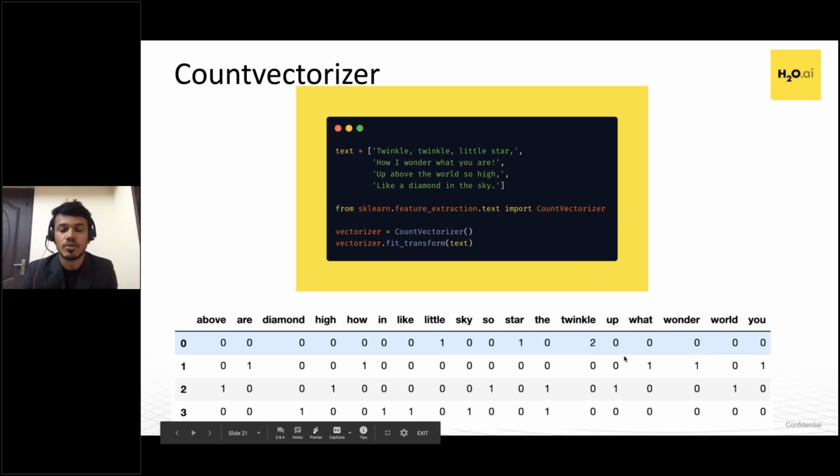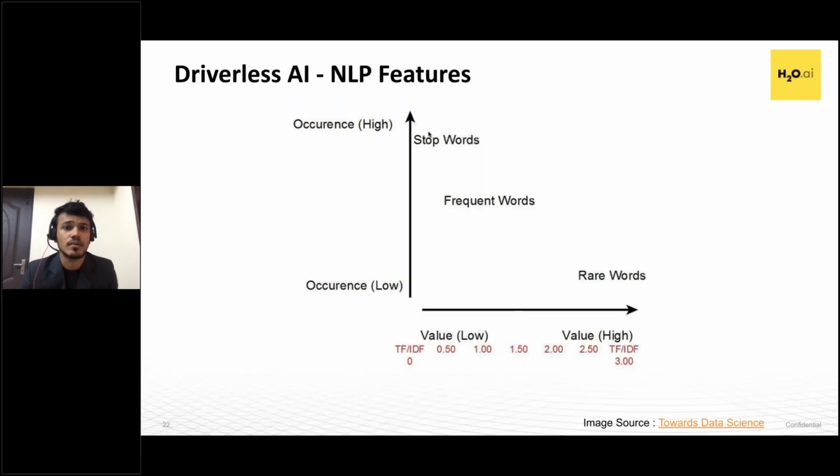Now this method obviously has its flaws. If you see stop words like a, they are going to occur a whole bunch of times, whereas a lot of important words in our data set might actually occur rarely. So we don't want to miss out on the rare words which are important to the corpus at the cost of words which are not so important for us.